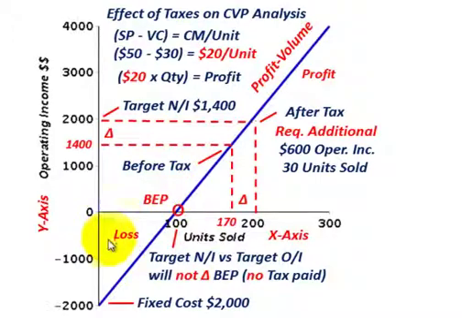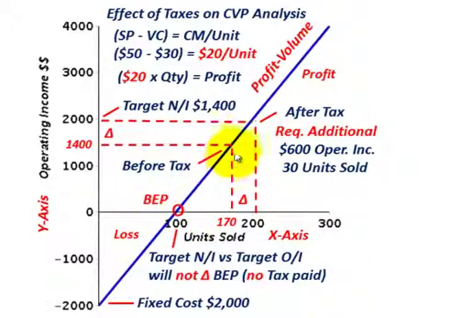But just remember, when you start out with those fixed costs, you'll have greater losses. The more units you sell, you're going to narrow those losses down to the point where your costs equal your revenues, and you're going to have a zero operating income. In this case, it was 100 units.